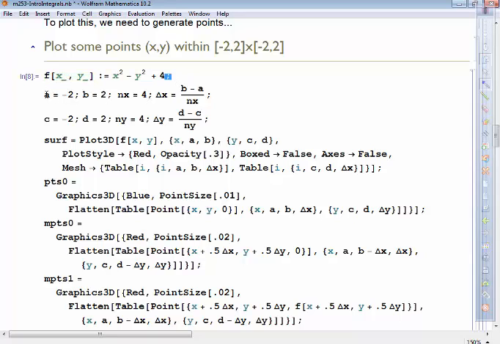And then our x values go from -2 to 2, and our y values go from -2 to 2.